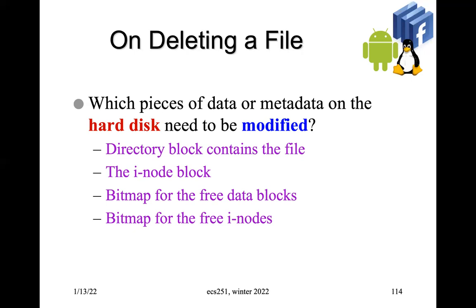Okay, good. Now my follow-up question: if I'm going to write four blocks from memory to the hard disk, which block should I write first? Remember I said in soft update, the order is very important. Among these four blocks in memory, which one should go first?